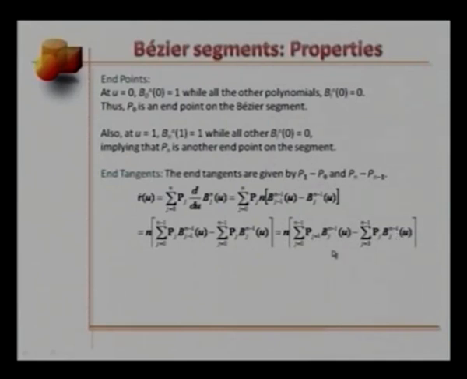What have we done? We have simply raised the index of this term here, and accordingly we have changed the limits here as well. We have the convention that b sub minus 1 super n minus 1 of u is 0. This is an exercise for you to determine why this is so.